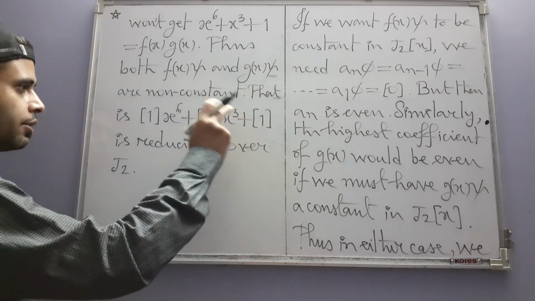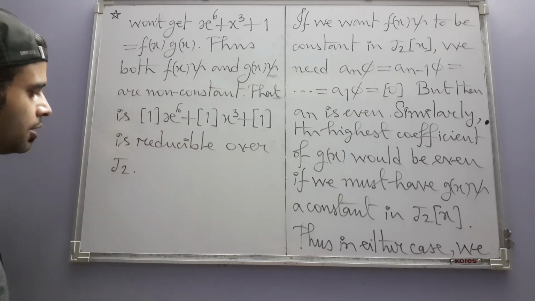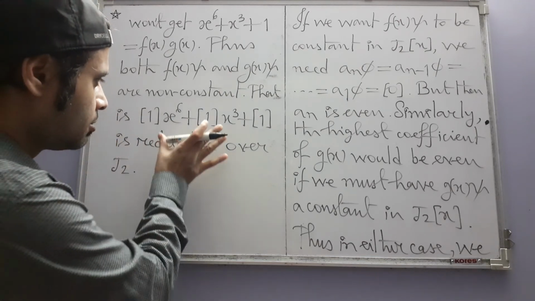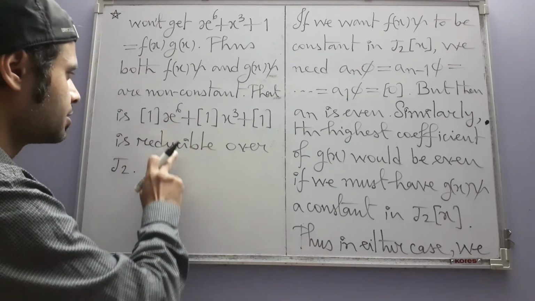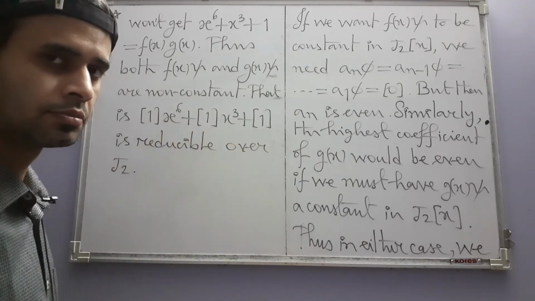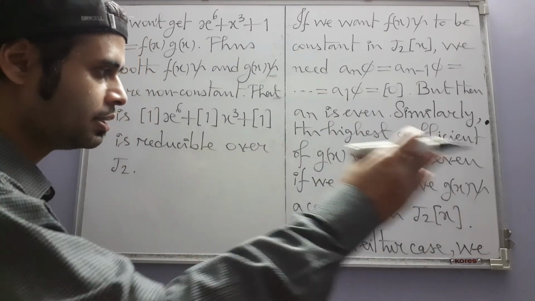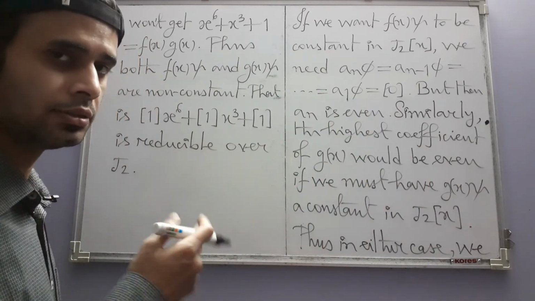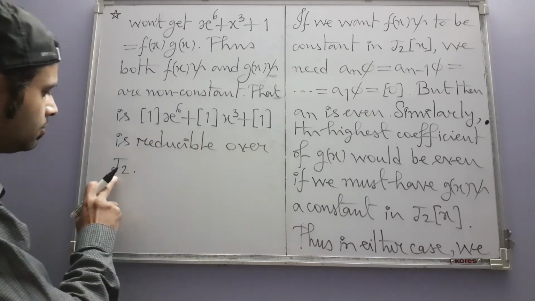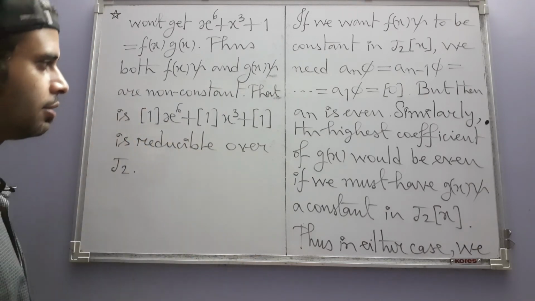But then that gives rise to reducibility of this polynomial over J2, but its reducibility implies that this polynomial has a root in J2. So the infinite possibilities that you have in J, the ring of integers, has now been reduced to only two possibilities, 0 and 1.